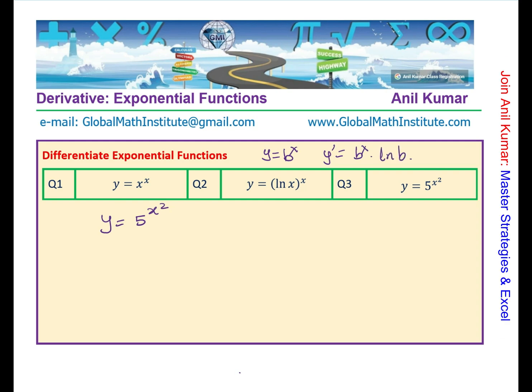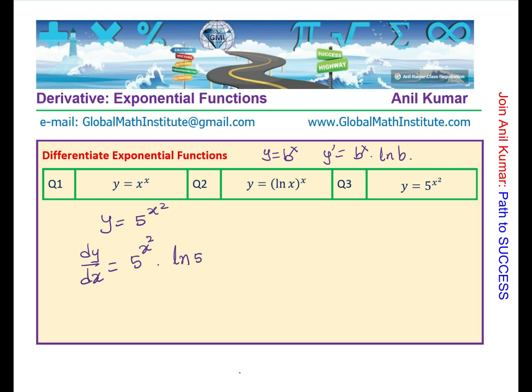So in this case, the derivative dy dx will be 5 to the power of x squared times ln 5. However, there is one difference, and that is the exponent is not x but x squared. So we need to multiply with the derivative of x squared. Correct?